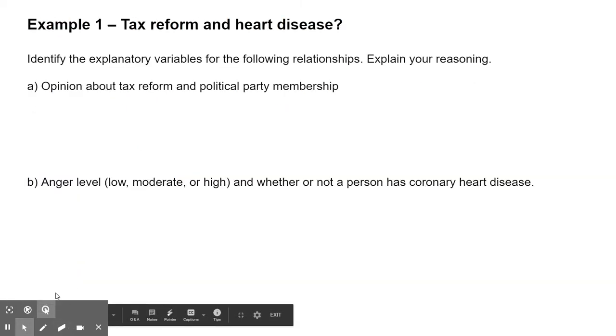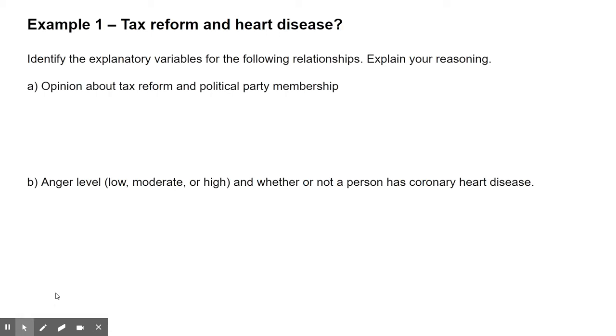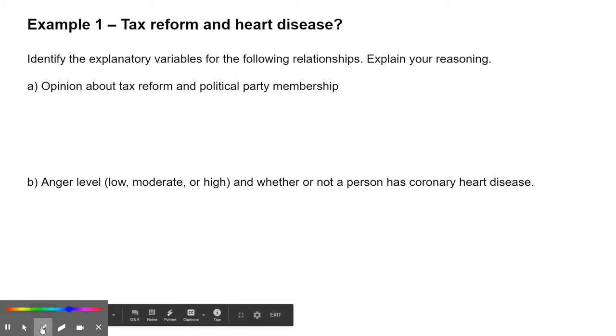All right, so example 1, tax reform and heart disease. It says identify the explanatory variables for the following relationships. Explain your reasoning. So opinion about tax reform and political party membership. I don't know how political you guys are, but typically, if you are a Republican, you are not in favor of taxes. And if you're a Democrat, you're kind of okay with taxes because you support more social programs.